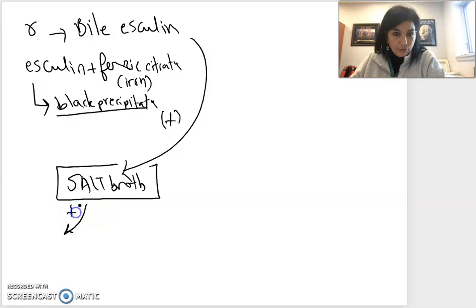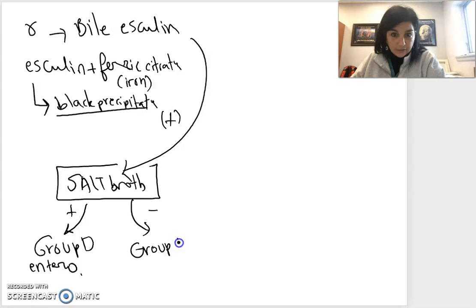And if there is growth in salt broth, then we are dealing with group D Enterococcus. And if there is no growth in salt broth, then we are dealing with group D non-Enterococcus. Both group D are bile esculin positive.